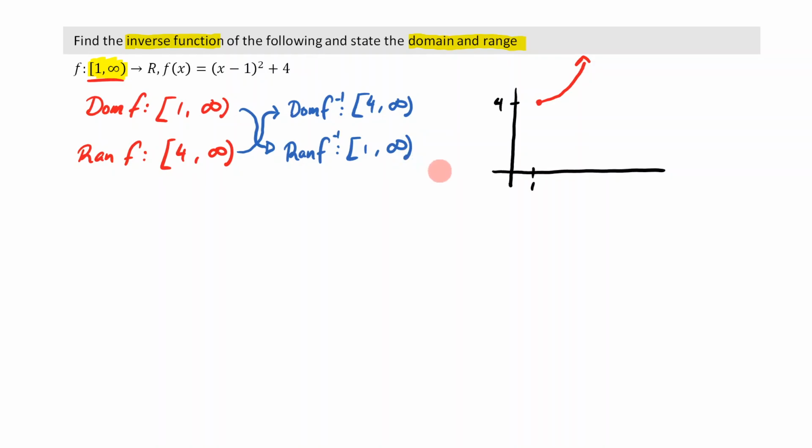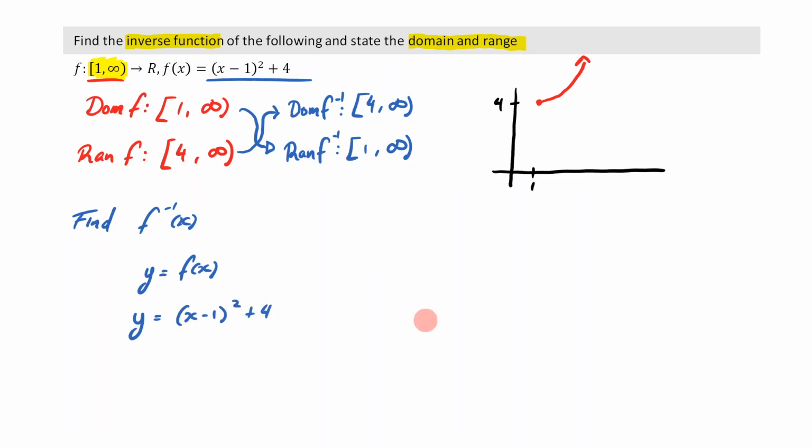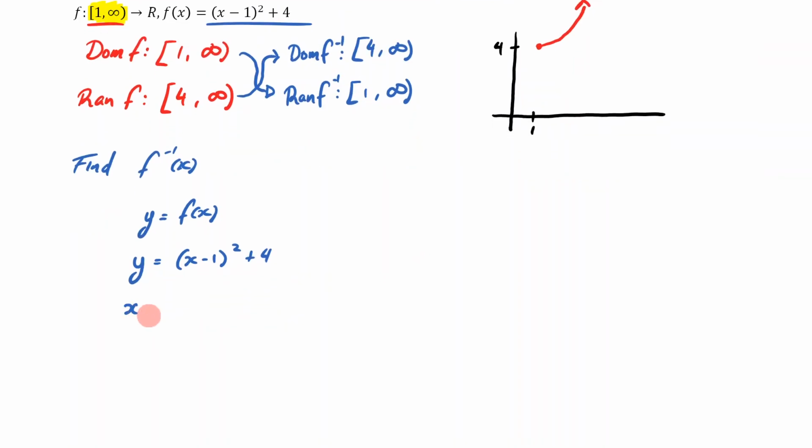Perfect. All right, once we've done that, we actually now need to find the inverse function itself. Remember the procedure by which we do this. The first thing you do is let y be equal to f of x. So y is equal to x minus 1 squared plus 4. You then swap your x's and y's. So I'm going to get x is equal to y minus 1 squared plus 4.